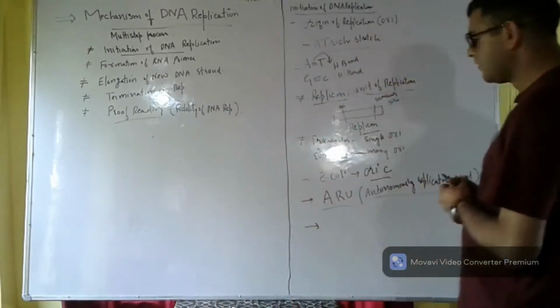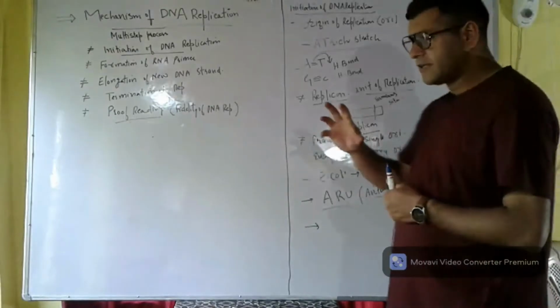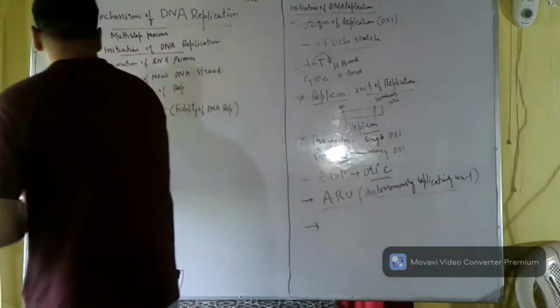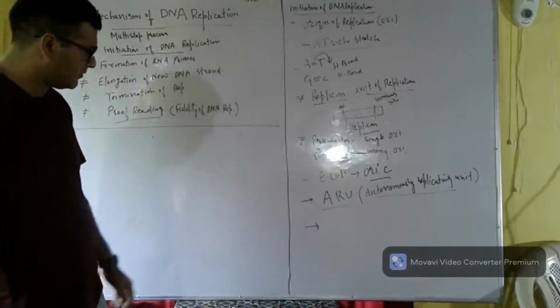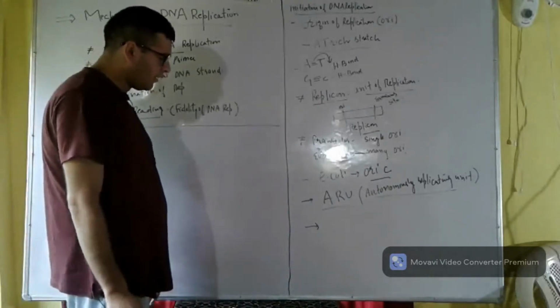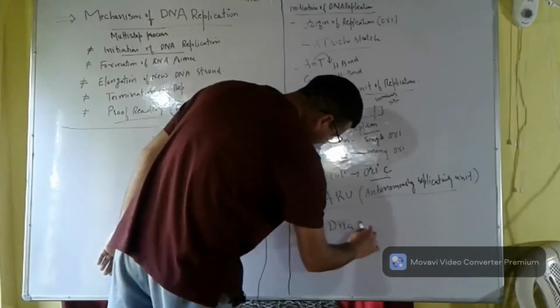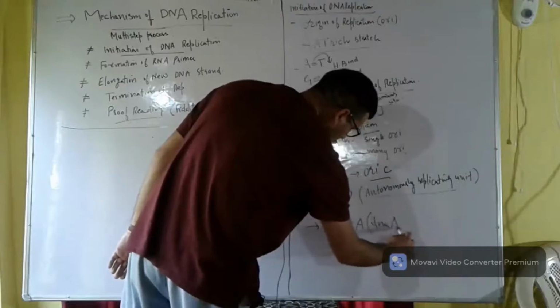In case of prokaryotes, there is a protein called DnaA, also written as DNAA.